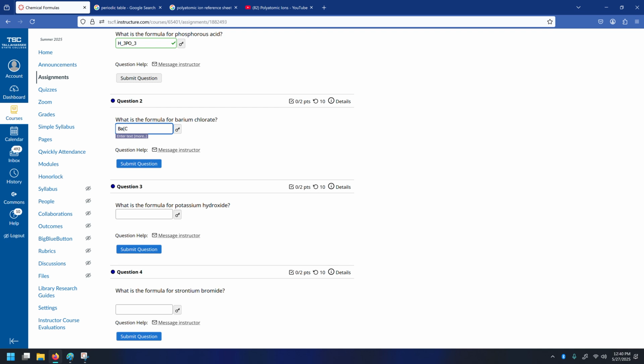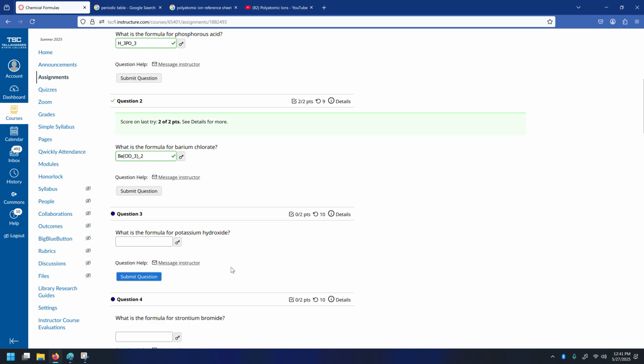It's a capital C, little l, capital O, because the chlorine is one element and oxygen is the start of a new element there. There are 3 of them, so I do a subscript of 3. I close the parentheses because that is 1 polyatomic ion unit, and we have a subscript 2 to indicate that there are 2 of that unit.